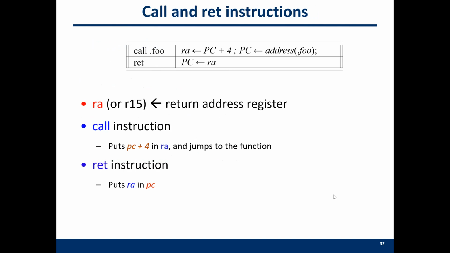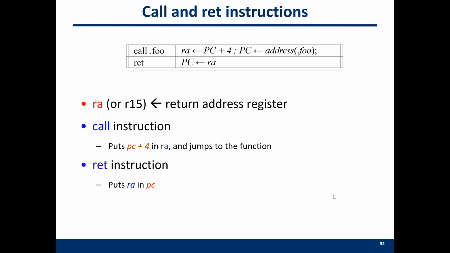So when we call a function, we first back up the return address and then find the starting point address of the function we call to the PC.